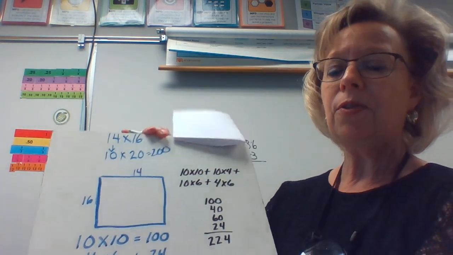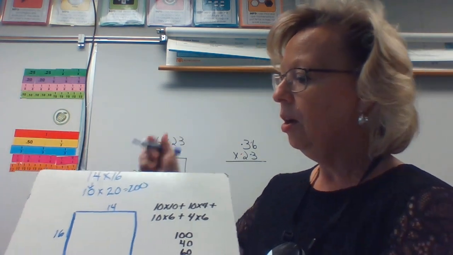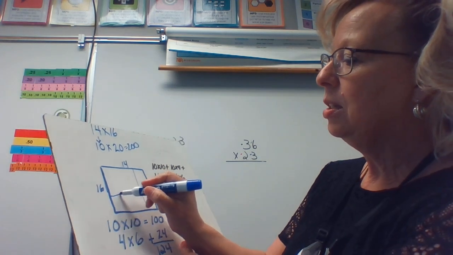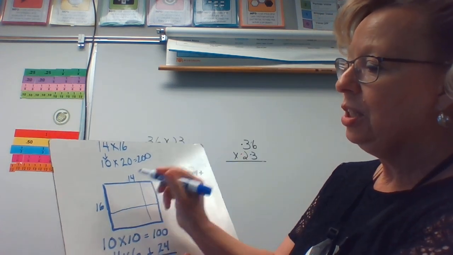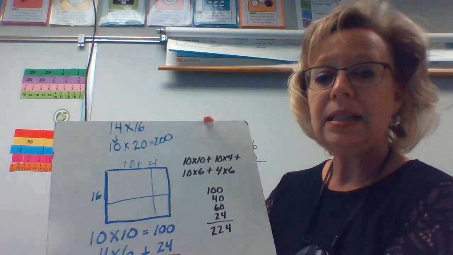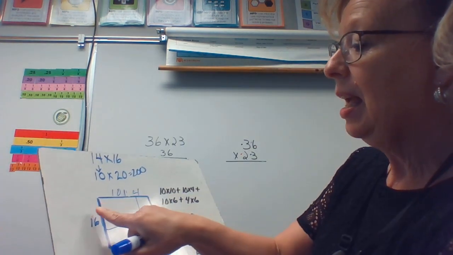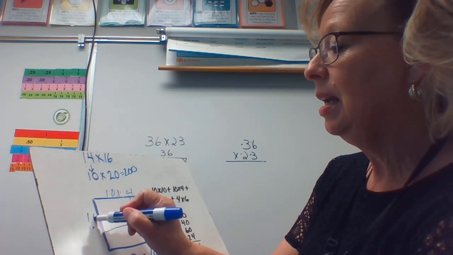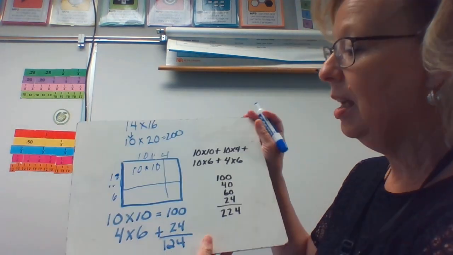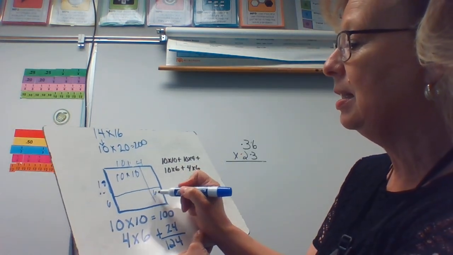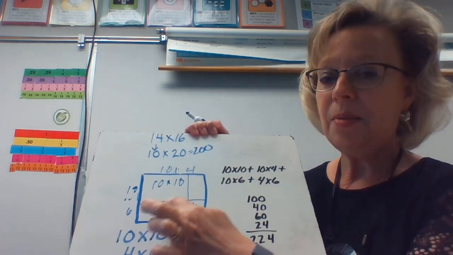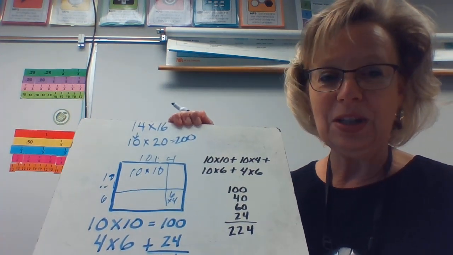When multiplying 2 digits times 2 digits, if you just did 10 times 10 and 6 times 4, you forgot about the other two equations.